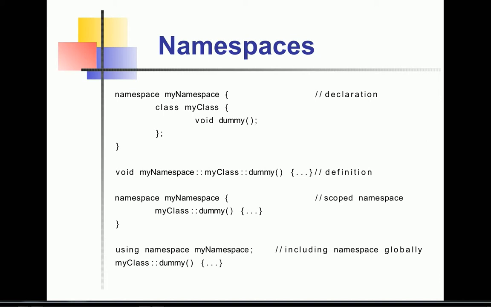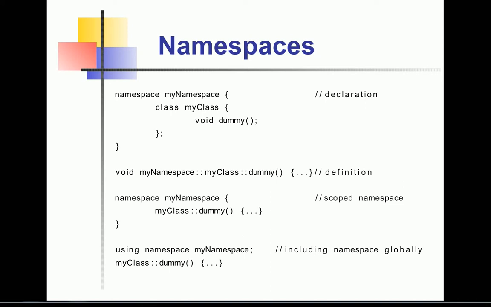So, namespaces. Namespaces are another way, in addition to classes, to bring order and structure and hierarchy into your program. You can define a class in a namespace, which has then a function, and then you define it as void my namespace::my class::dummy, for instance.